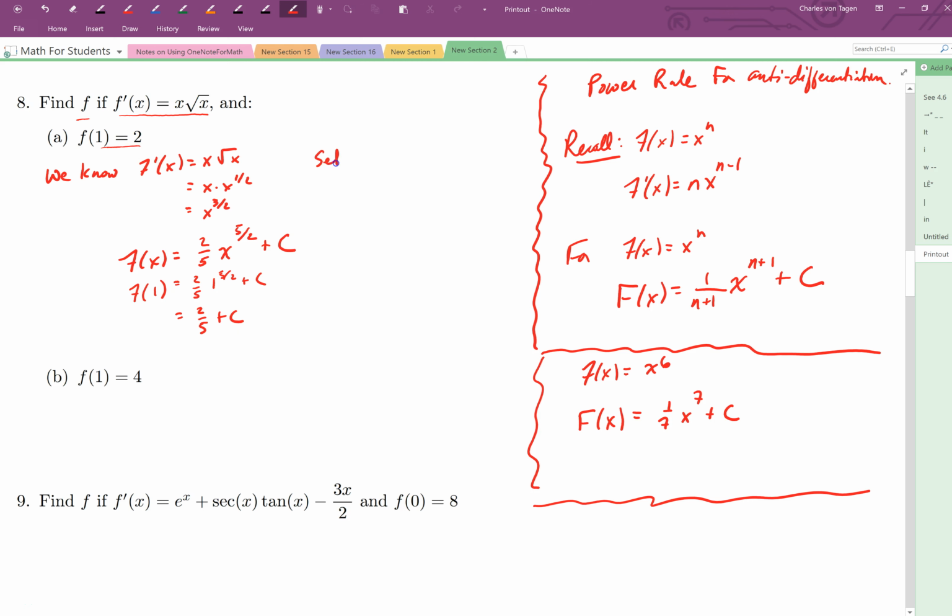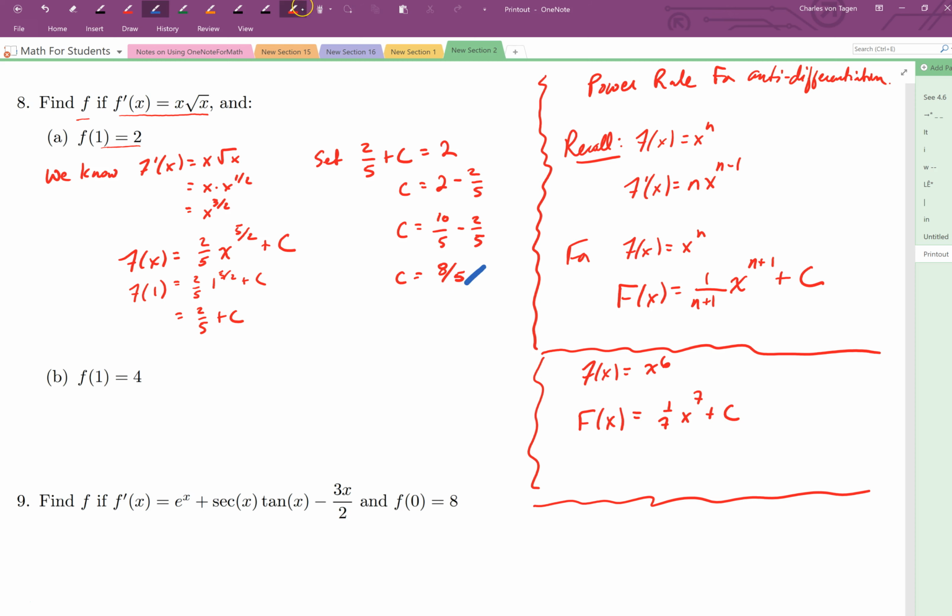So I'm going to set 2/5 plus c equal to 2, and that's going to enable me to solve for that constant. So I get c is equal to 2 minus 2/5, or c is, let's see, 2 as a fraction is 10/5 minus 2/5, so I get that c is equal to 8/5. Now careful, that's not my answer, right? This was just the constant.